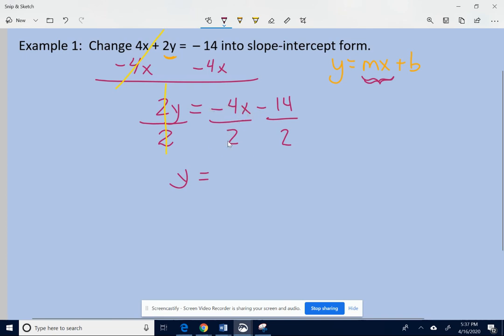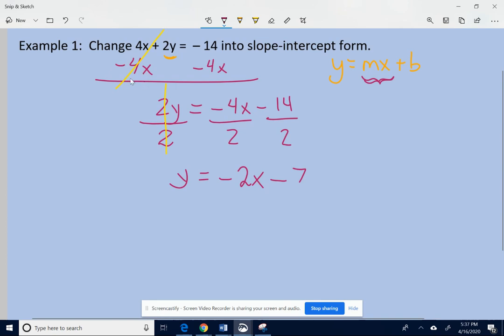Negative 4 divided by 2 is negative 2, and attach the x. And then we have a negative 14 divided by 2, because remember, a negative and a subtraction is basically the same thing. A negative 14 divided by 2 is a negative 7. So in slope-intercept form, this becomes y equals negative 2x minus 7.